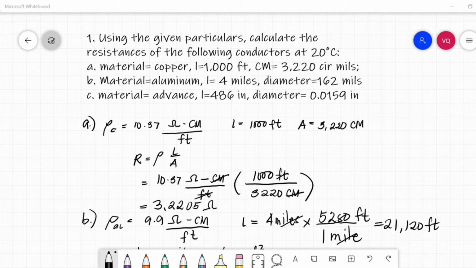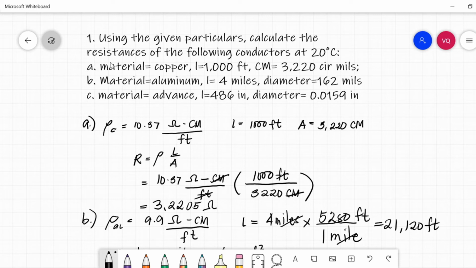Let's solve number 1. Using the given particulars, calculate the resistances of the following conductors at 20 degrees Celsius. A while ago, we saw the table which has a temperature of 20 degrees Celsius.